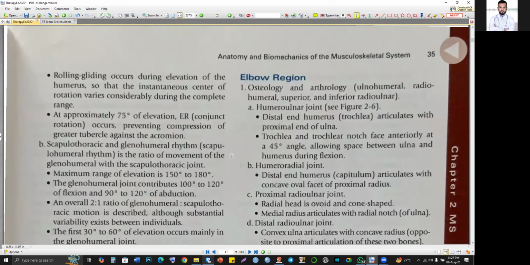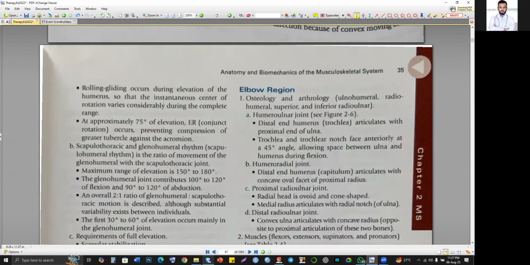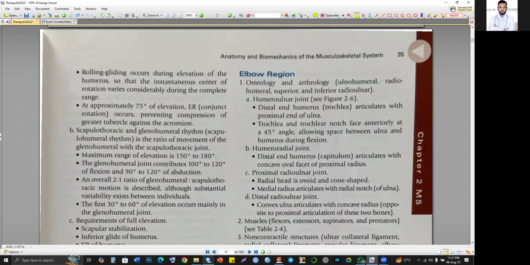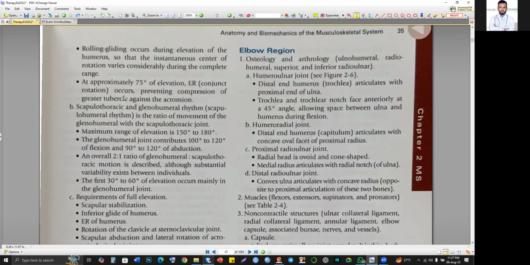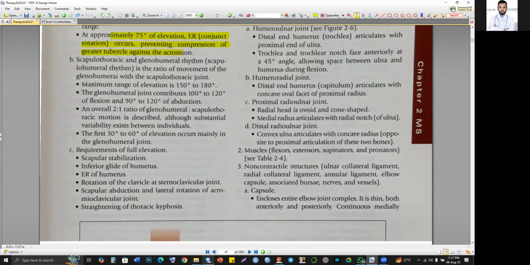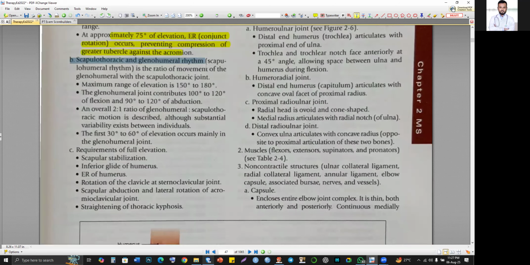Here, the rolling gliding occurs during elevation of the humerus so that the instantaneous center of the rotation varies considerably during the complete range. At approximately 75 degree of elevation, external rotation occurs, preventing compression of greater tubercle against the acromion. Okay. Now the scapulothoracic and glenohumeral rhythm.